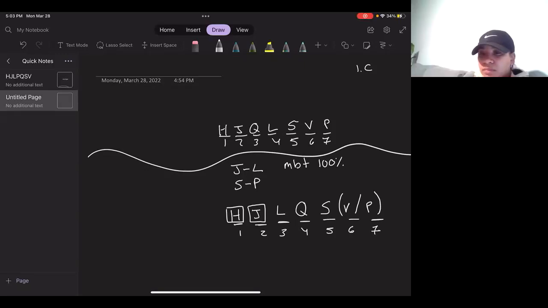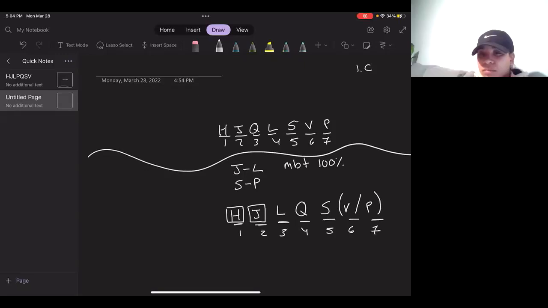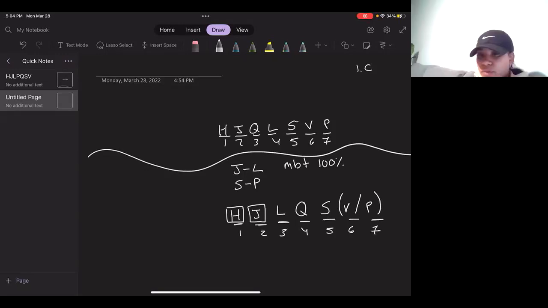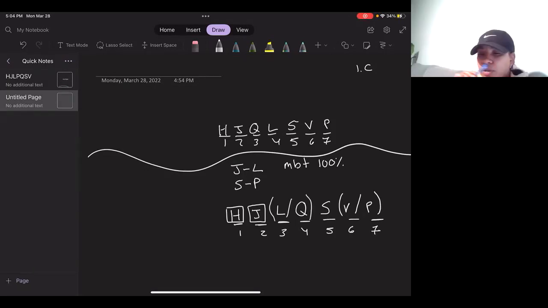Mhm. And then let's do another one. L and Q. Remember that in this case, they have to be after J. Does it matter if I put L in 4 and Q in 3? Based off the rules, no. So another one, okay, right? Would that be the same as putting L/Q in both? Yep.